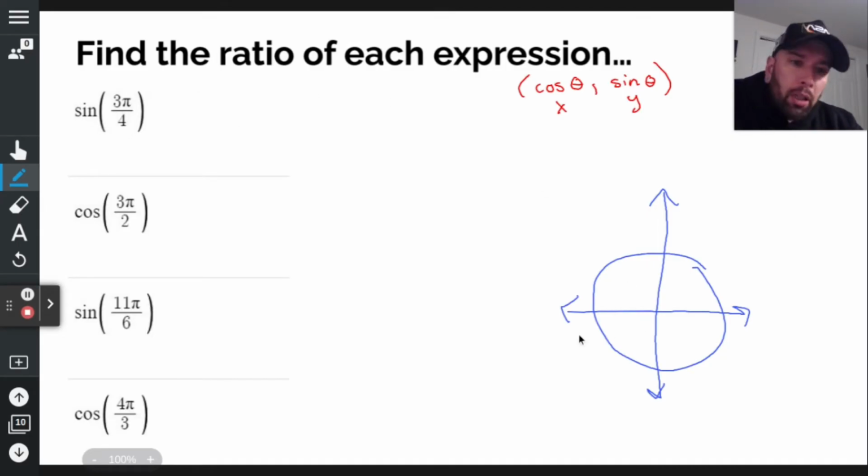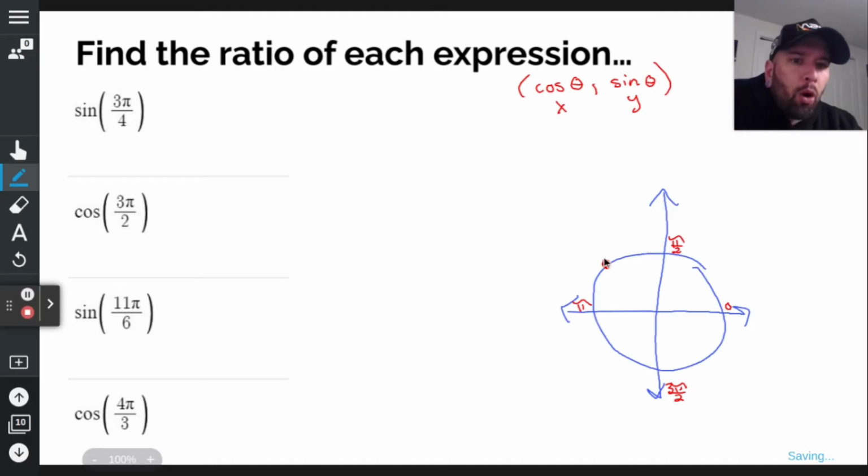If you remember, here was 0, here was pi. No, it wasn't. That's half a pi. Here was pi, and here was 3 pi over 2. 3 pi over 4 is literally that center spot right there.